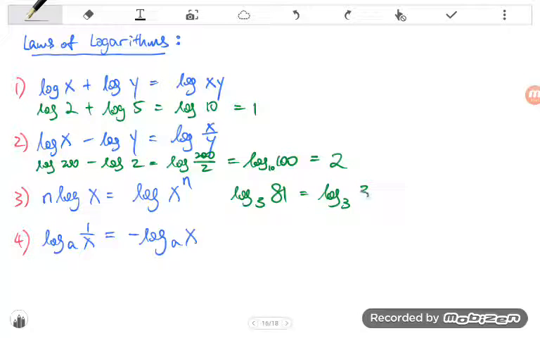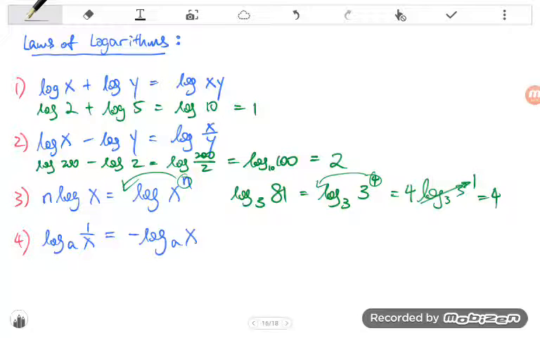I can change the 81 to 3 to the power of 4. Right, which means my logarithm looks like that. This law says I can bring the exponent to the front. So I'm going to bring this 4 to the front, and that gives me 4 log 3 to the base of 3, and that will give me 1. So my answer is just going to be 4.